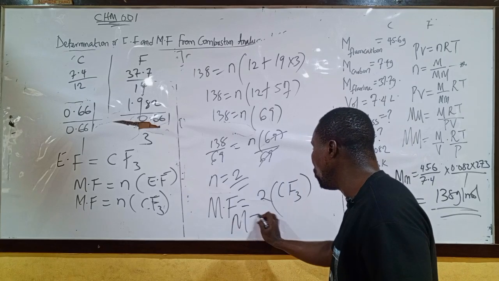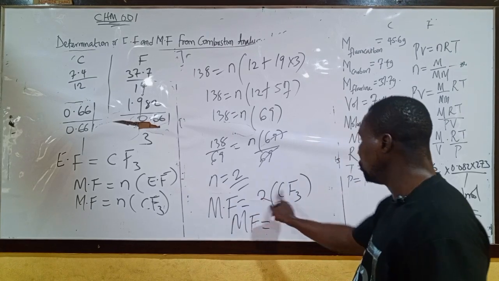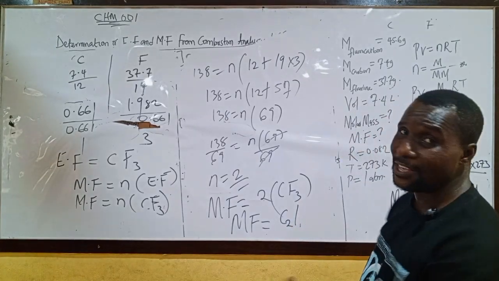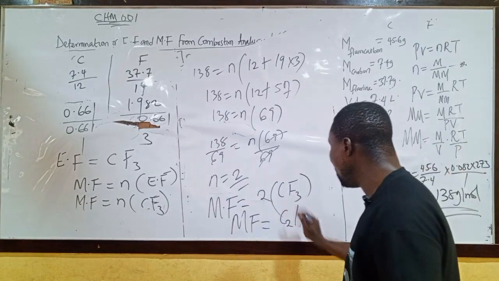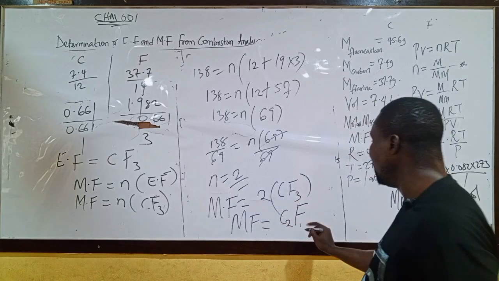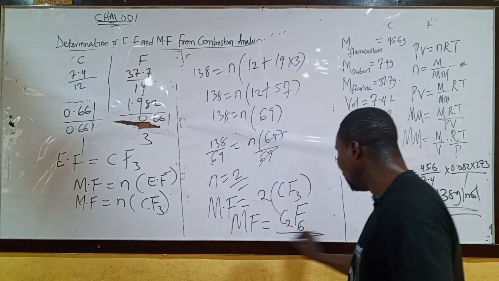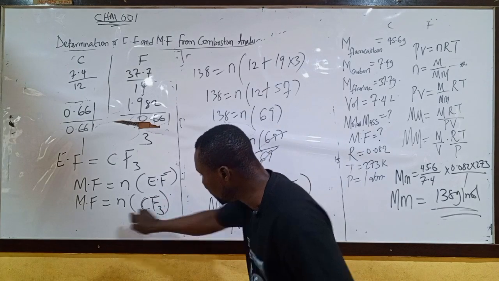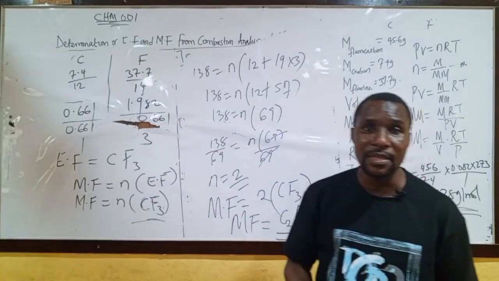Therefore, molecular formula equals 2 times 1 gives you C2, F. I'm sorry, that is F, not H. 2 times 3 is what? 6. This is the molecular formula, while the empirical formula is what? CF3. Take note of that.